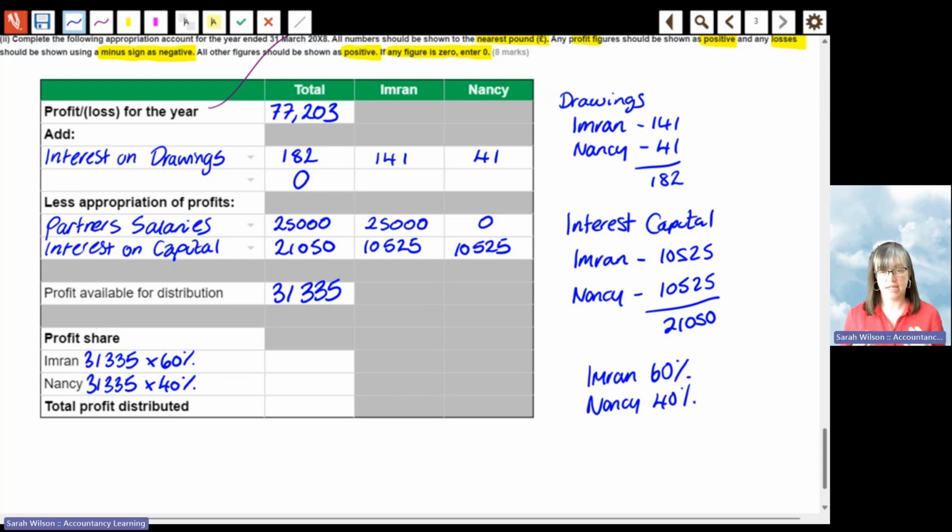So it's simply taking 60% of that profit is going to Imran and 40% of the profit is going to Nancy. And now when you add these two figures together here, you should have the same figure as up here for your profit available for distribution.